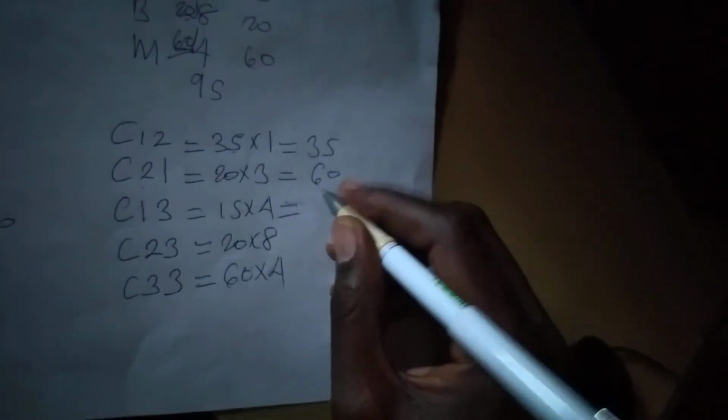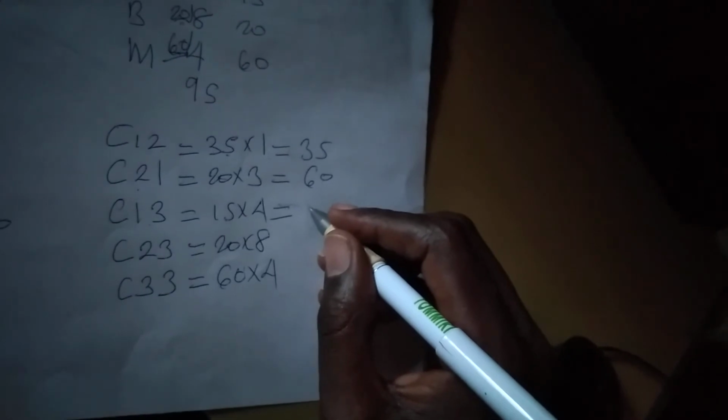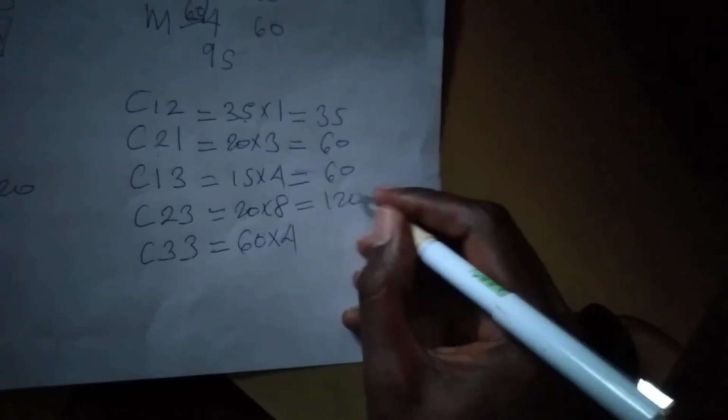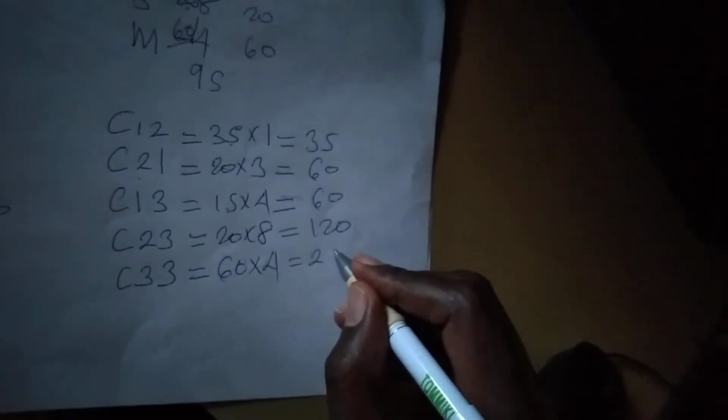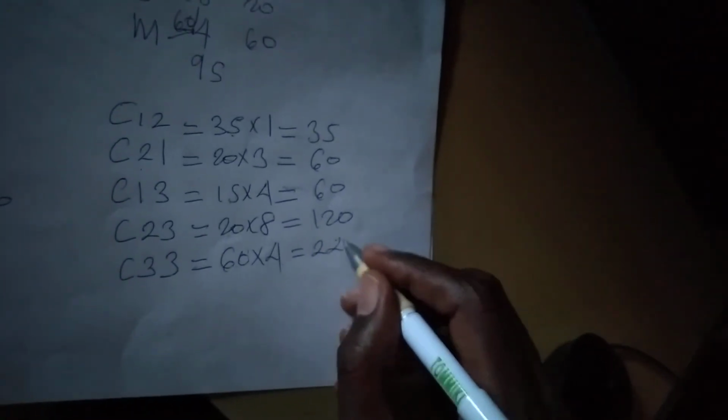Now, when you say 35 times 1, gives you 35. 20 times 3, 60. 15 times 4 gives you 60. 20 times 8, 160. Sorry, it's supposed to be 160. 60 times 4, 240.